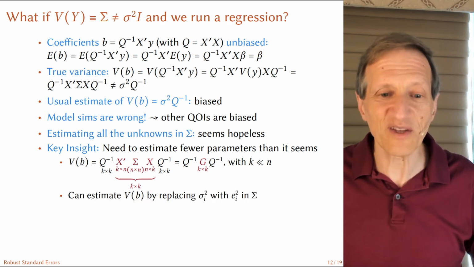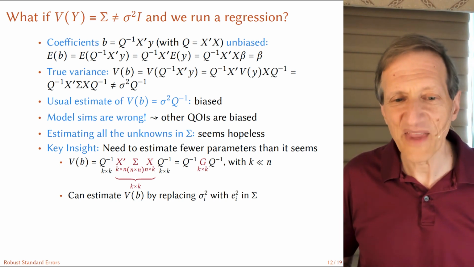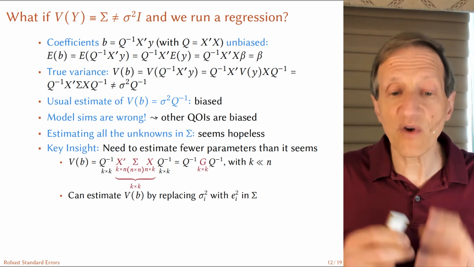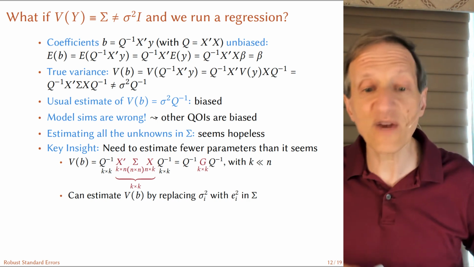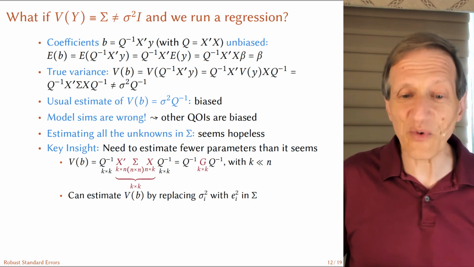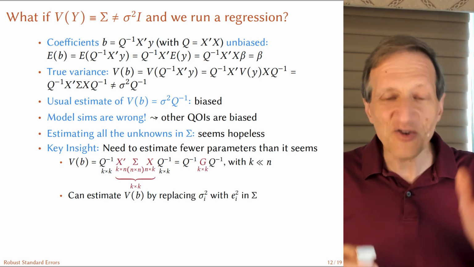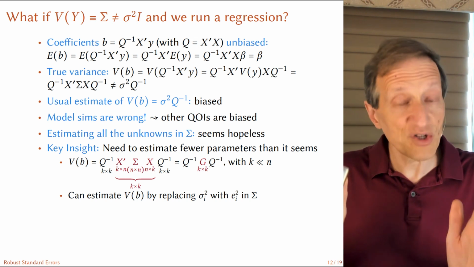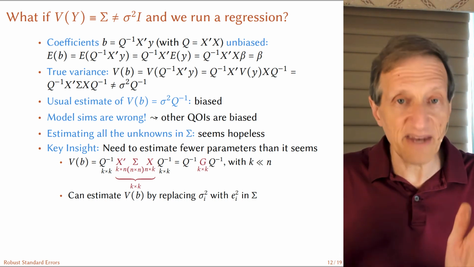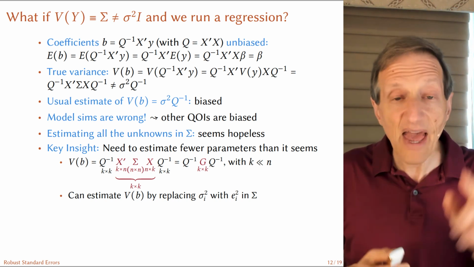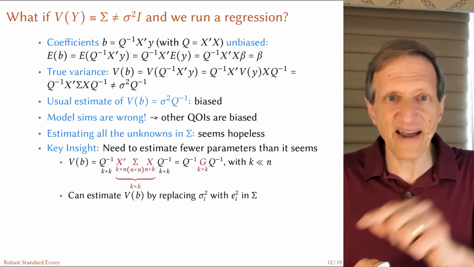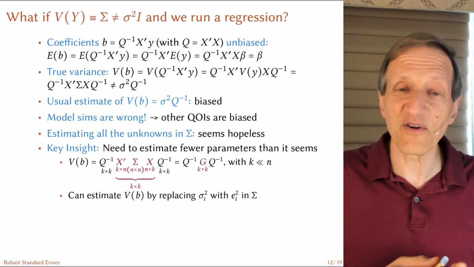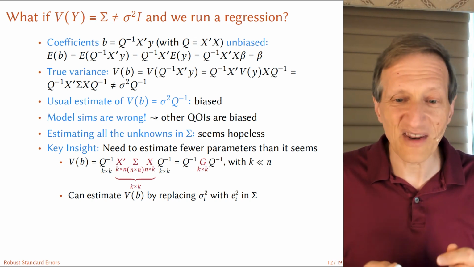So this is a really cool idea, really surprising idea. It means we can estimate the variance of B even when there's heteroscedasticity. And the way we do it, it turns out there's an easy way. You take the big n by n variance covariance matrix sigma. We're still going to assume independence, so we'll have zero covariances. And we replace the sigmas on the diagonal elements with the residuals from a first run of regression, squared.